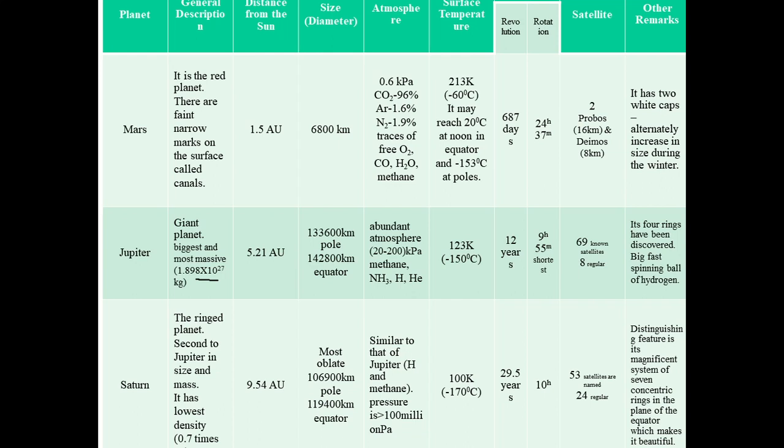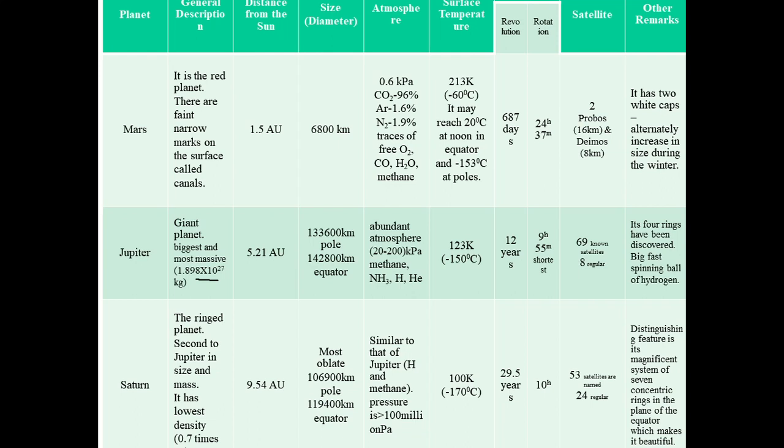The surface temperature of Jupiter is 123 Kelvin, its period of revolution is 12 years, and its period of rotation is 9 hours 55 minutes, which is the shortest one. So the rotation speed is highest for the planet Jupiter.